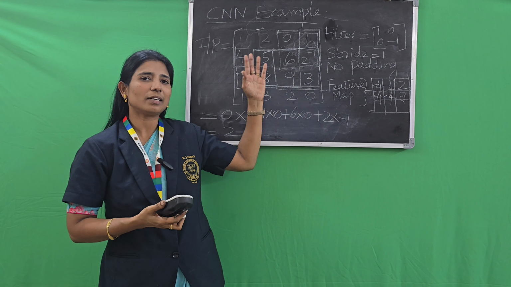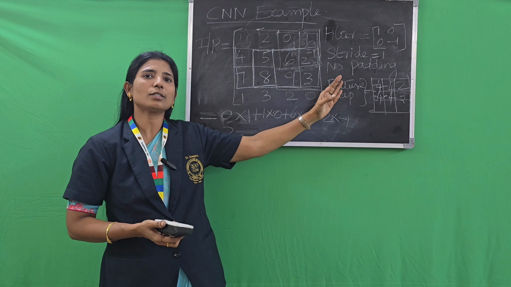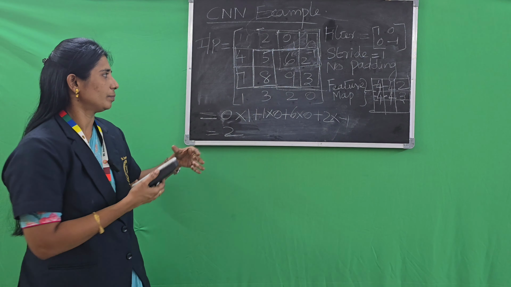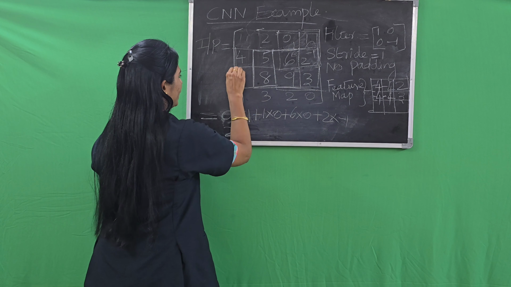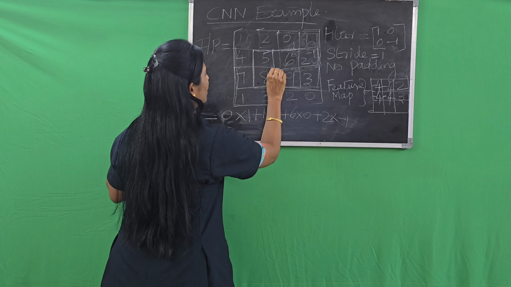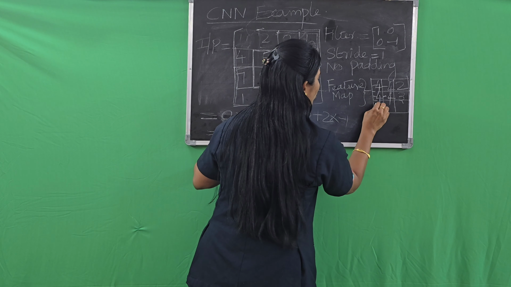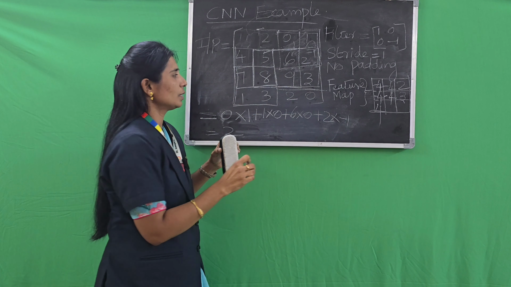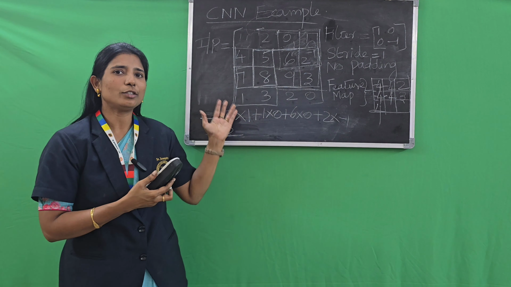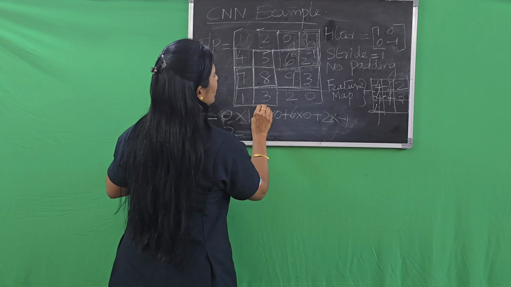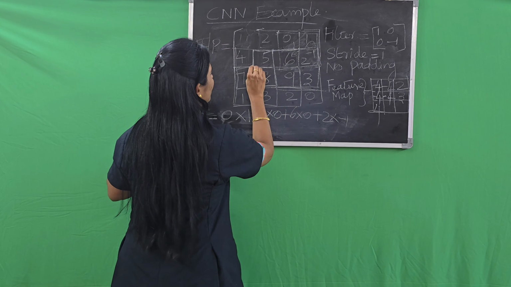So now the kernel also reaches the rightmost position, so we can shift the kernel 1 step down. So we can place the kernel here. Then the result 4 will be stored in the feature map. Then we can shift the kernel to the right by 1 pixel position so that we can place the kernel here.